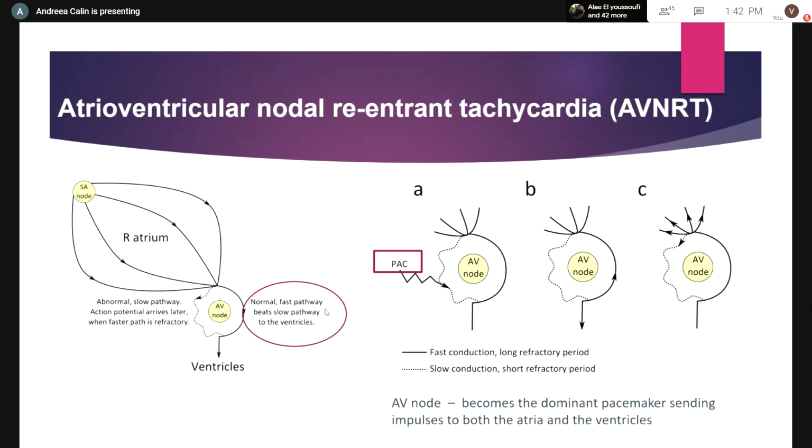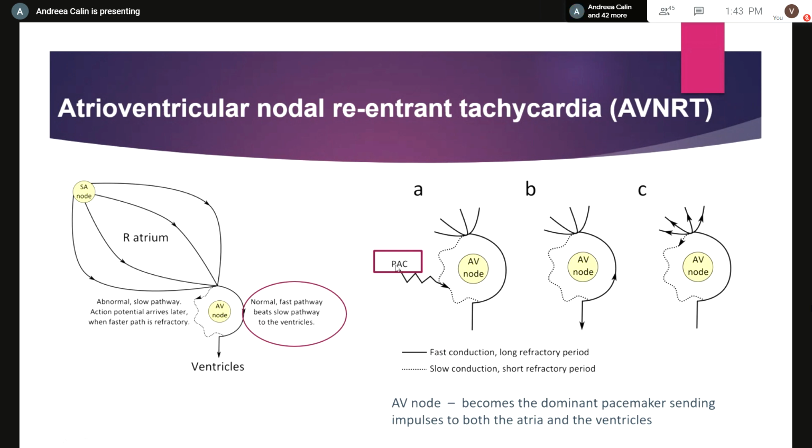This is the diagram here, the normal fast pathway and the slow pathway. The fast pathway has a fast conduction velocity but a long refractory period, while the slow pathway has a low velocity of conduction but a short recovery period.